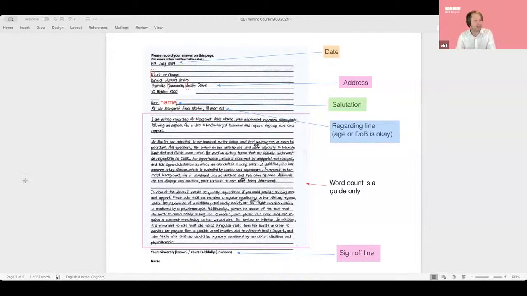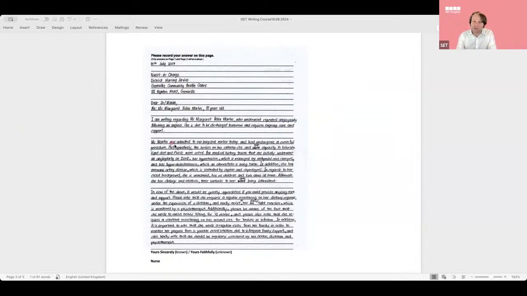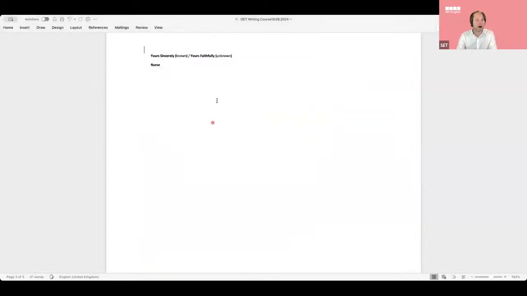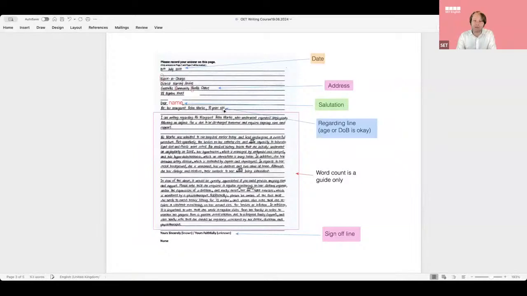Yes, this is not like IELTS, where you can actually lose marks if you don't have the right thing. This is just a guide, a suggestion. We'll talk about that more in future classes when we discuss summarizing, because summarizing is related to word count.